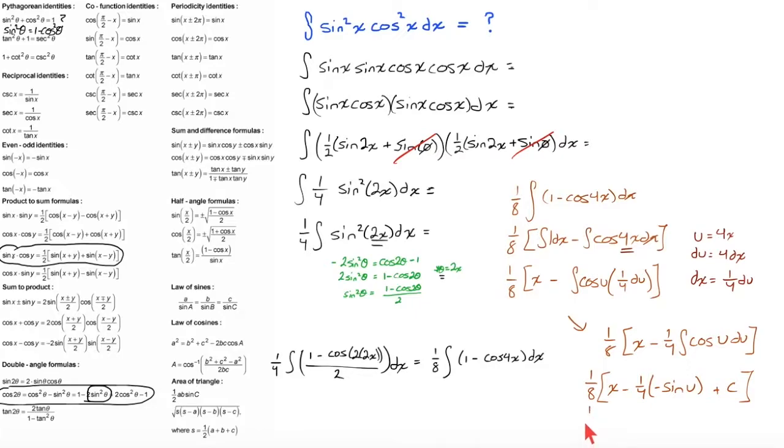But anyway, one more step: I'm just going to replace the u. I'll make this a plus 1/4 because of the 2 negative signs here. Plus 1/4 sine of 4x plus c. And since I'm out of space, hopefully you can take care of the simplification there.